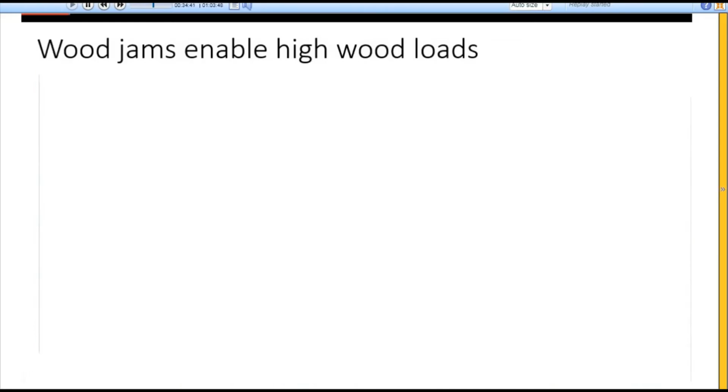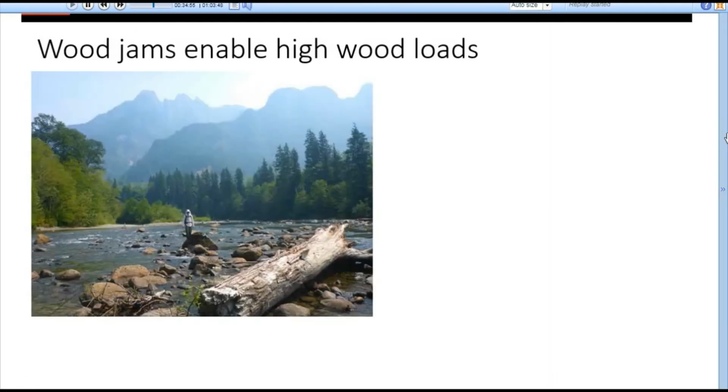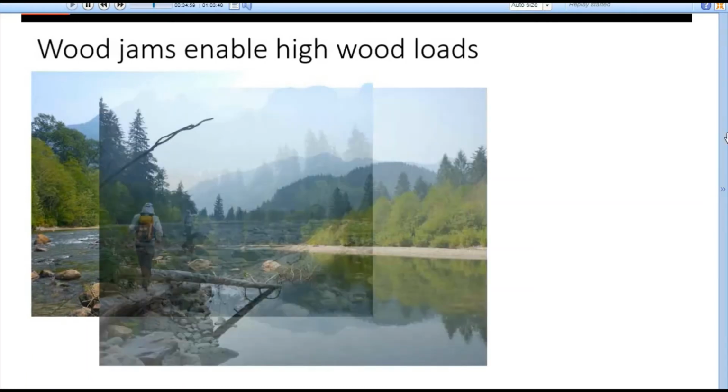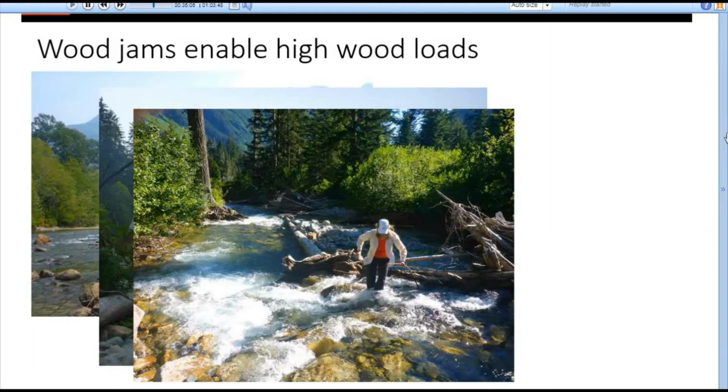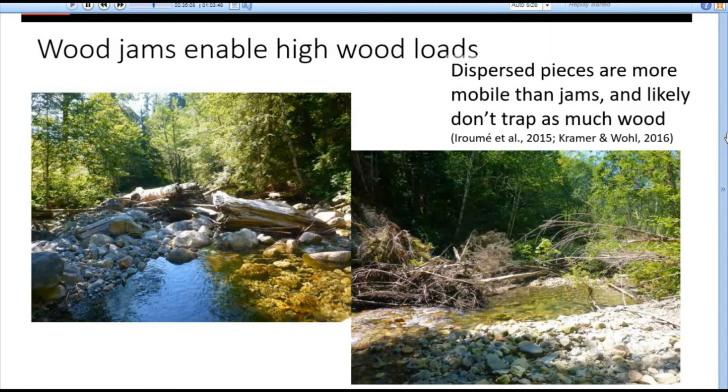So I also want to go back to that other observation that we made, and I'll argue that there is sort of a positive feedback whereby you start to accumulate wood jams in streams, and those wood jams start to then accumulate more and more wood as they remain stable. So individual pieces of wood like this, or dispersed logs, tend to not be very stable in streams compared to things like this, or accumulations of logs.